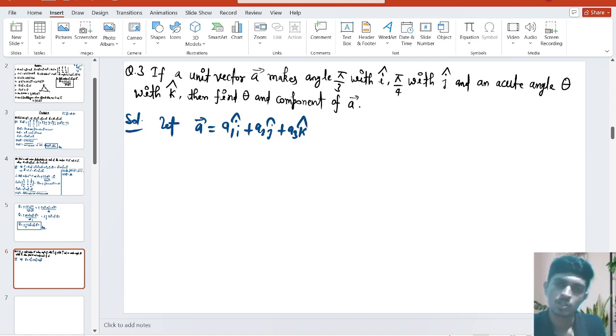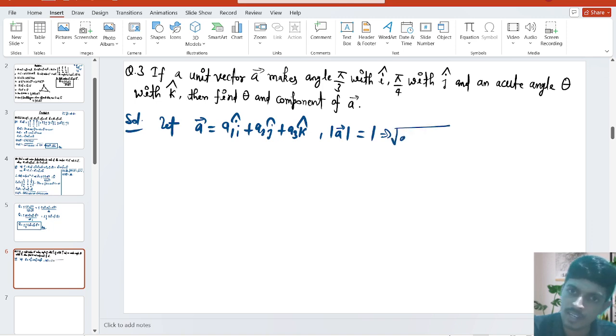Since it is a unit vector, the modulus of vector A is 1. Taking the modulus, A1 square plus A2 square plus A3 square equals 1.